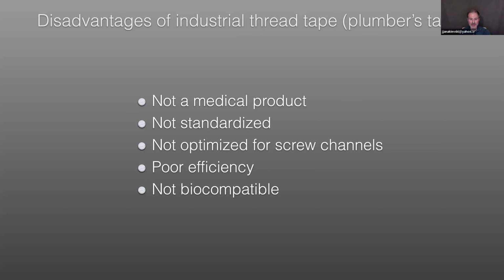We certainly have manufacturers here in the US, but I guarantee you most of the tape that you use in your practice is manufactured either in China, Malaysia, or different parts of the world that have very different manufacturing practices. Each tape is not the same. It's not manufactured the same.